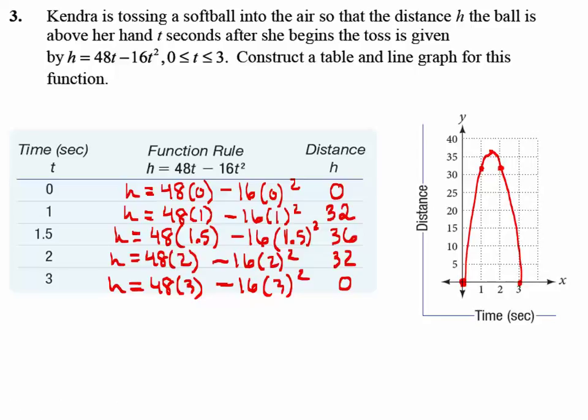Alright, but let's take a look at this other concept here. If this is a function, and a function relates something like in real life, and Kendra throws up a ball, can the ball be at exactly 1 second? Can the ball be at 32 feet high at the same time 40 feet high? So Kendra throws up the ball. Can it be at 2 places at once?